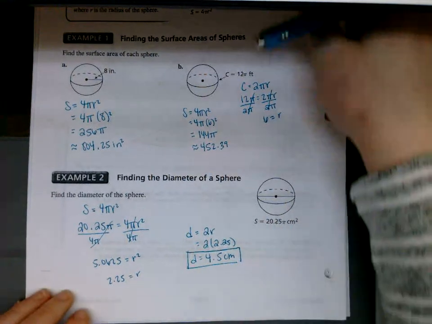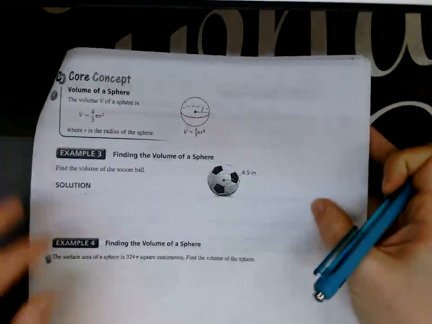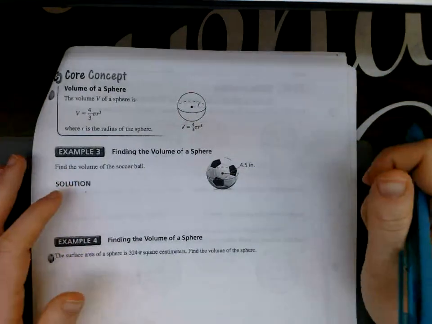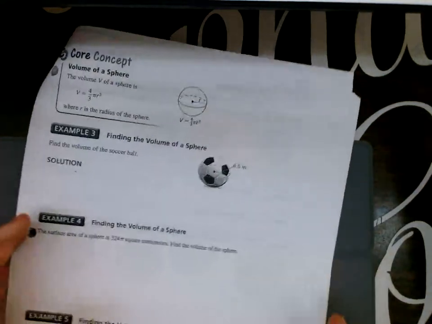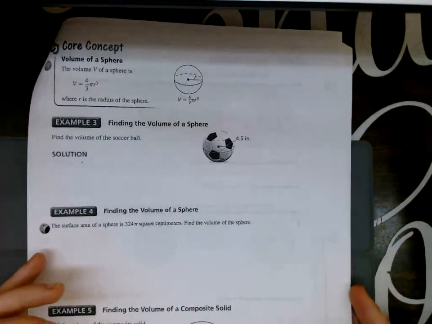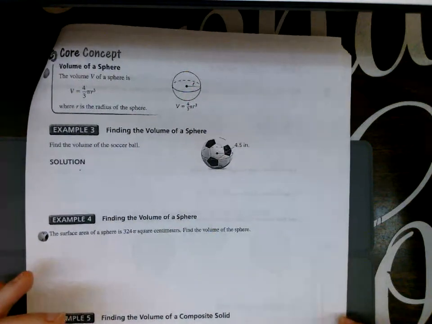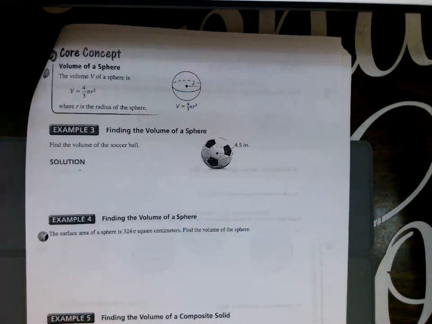If I turn the page, now we're going to talk about volume. So the volume of a sphere, the formula, if you guys are getting confused by these formulas, there's not really a good way to explain it. I kind of explained the cone and pyramid ones as being 1/3 of either the cylinder or prism.